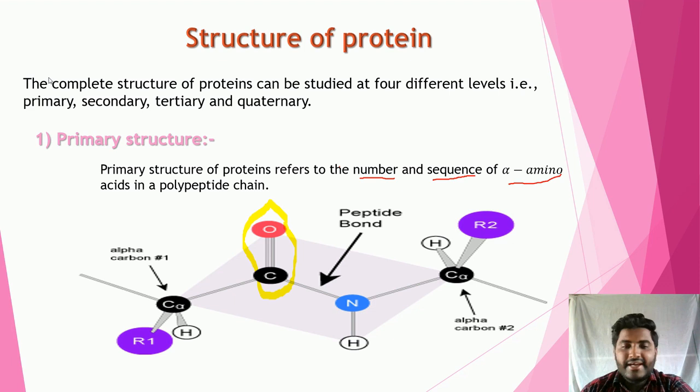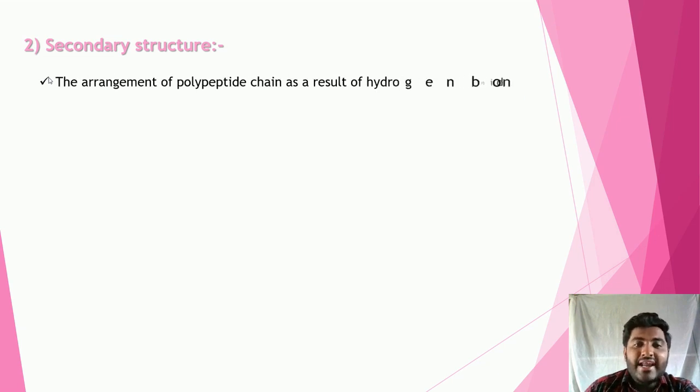Okay, discuss the secondary structure. So primary structure is only number and sequence of alpha amino acids. Secondary structure will give the arrangement of the polypeptide chain as a result of hydrogen bonding.